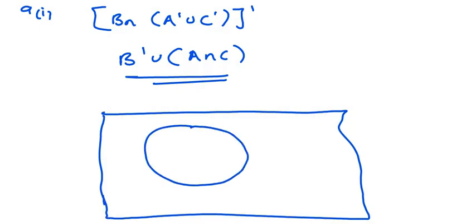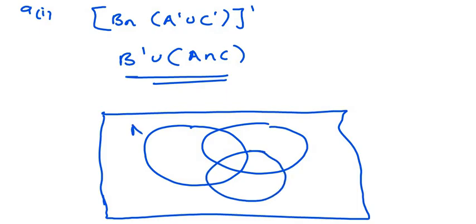So we can just say we have A, we have B, and we have C. They want us to shade the region that is shown by this particular set. So to be safe, we'll always use numbers. So I'll just pick numbers.